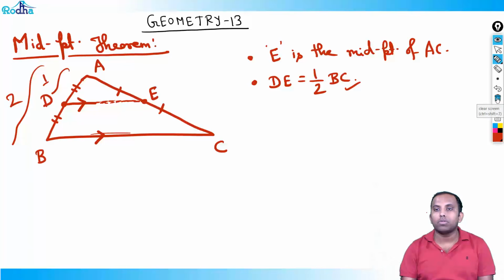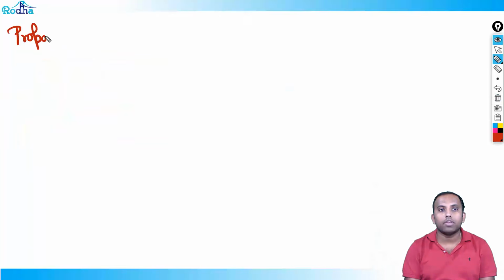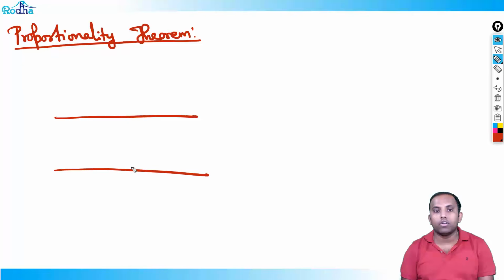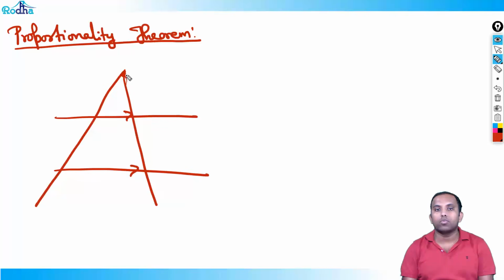Now the proportionality theorem. See, if I draw two parallel lines here, and from a single point I draw transversals, it doesn't matter how many transversals I draw. This is one transversal, this is one, this is one, all cutting these two parallel lines.